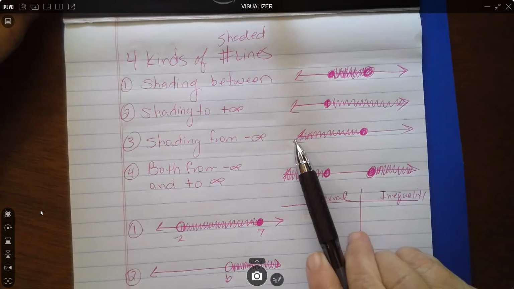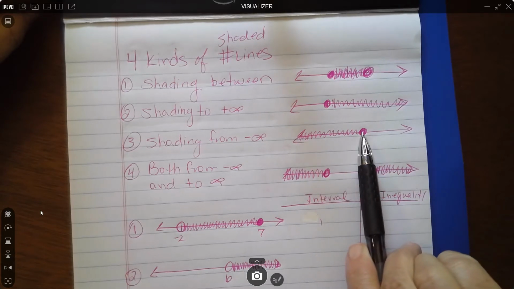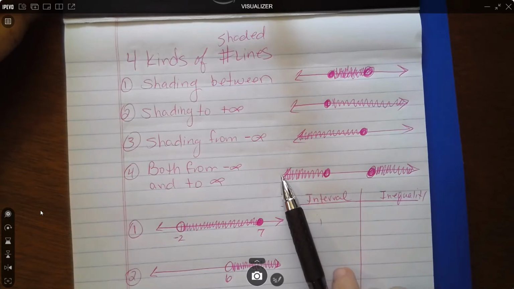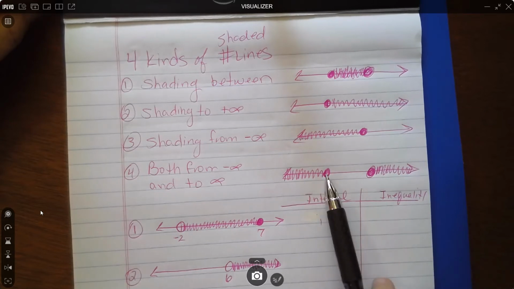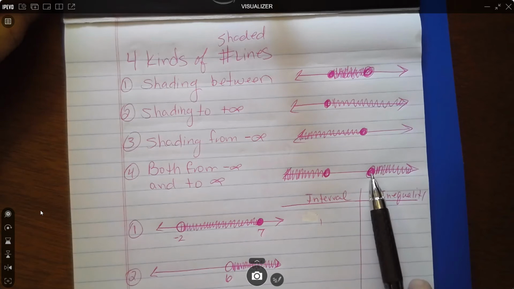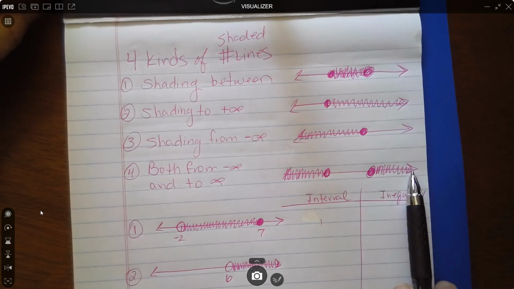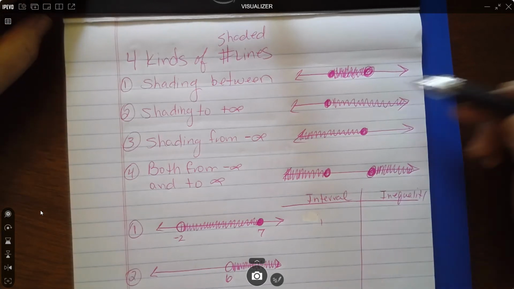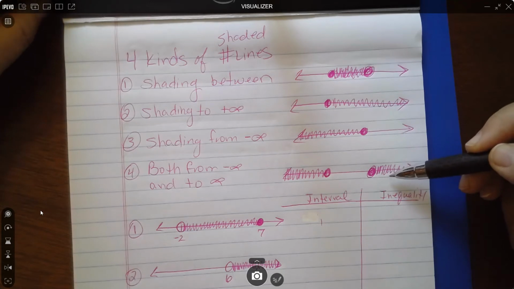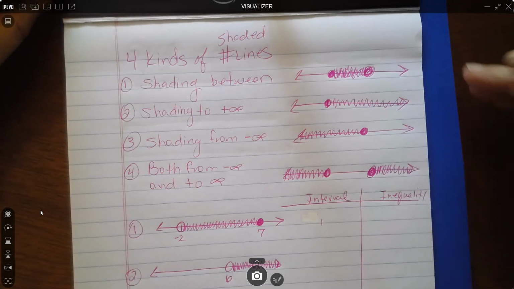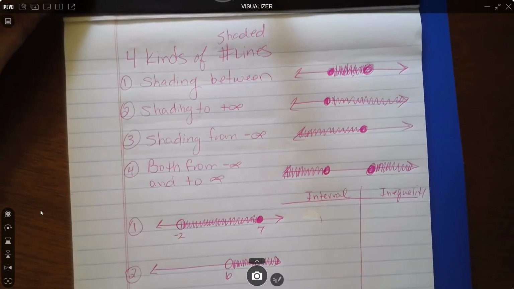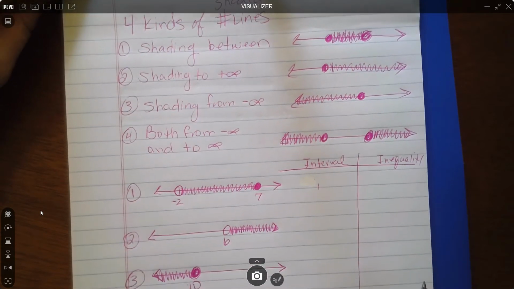The kind where it starts over here at negative infinity and has a stopping place. And then the kind where it starts at negative infinity, stops, starts again, and then goes to positive infinity. That's the only four kinds of graphs there are. There can't be any other kind. So we'll look at each one individually.